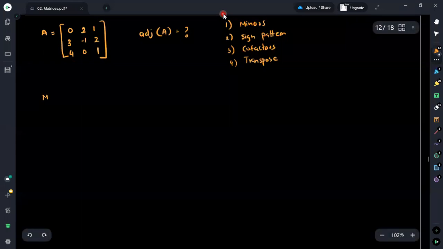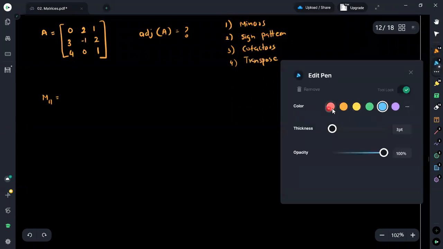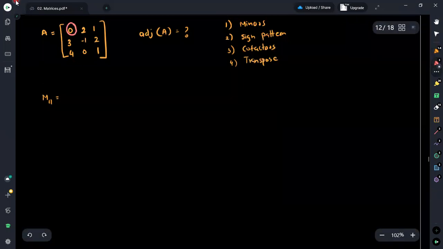The first minor is named M11. Suppose this is the element that you need to consider. It is 0, the first row, first column element. Now you have to cut down the row and column associated with this. The elements remaining are minus 1, 2, 0 and 1.